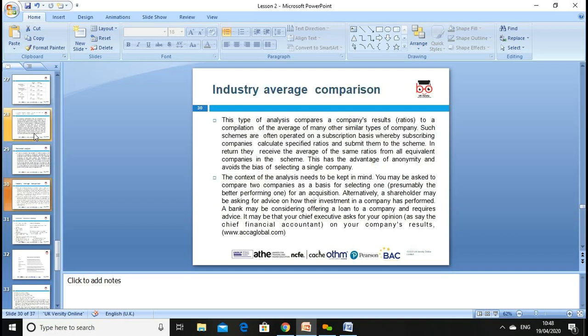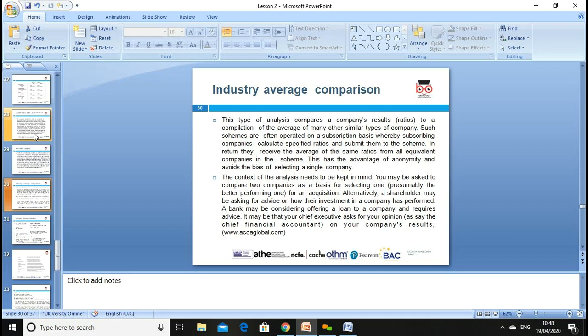Industry average: always look, maybe your ratio is quite good, but you need to compare it with the competitors, with the industry averages. So industry average, like I mentioned, the liquidity ratio needs to be 2 to 1. So if your ratio is 2 to 1 it is good, so you have to measure it properly.